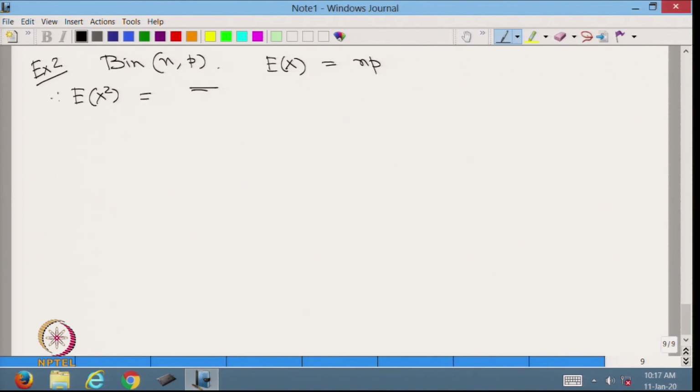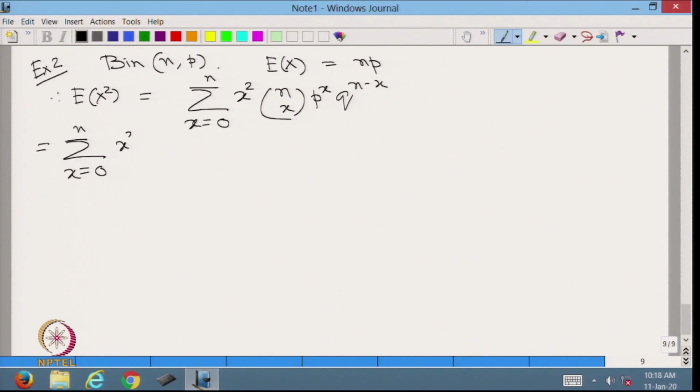This is sigma over x equals 0 to n of x square nCx p to the power x q to the power n minus x, which is sigma over x equals 0 to n of x square into n factorial upon x factorial (n minus x) factorial, p to the power x q to the power n minus x.